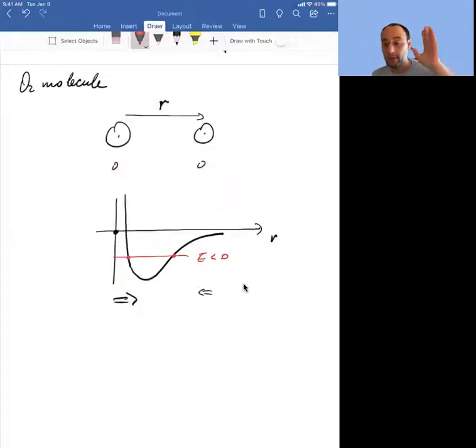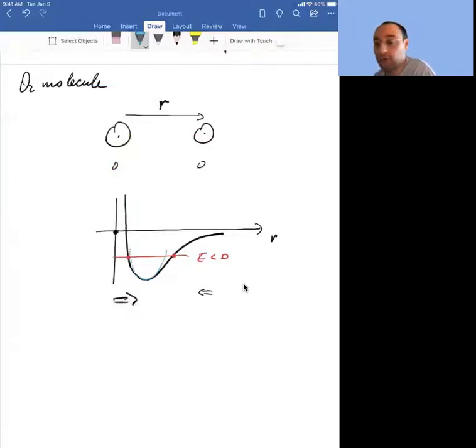I want to make sure that we talk about classical and we talk about quantum. Classically, the second atom would oscillate. While this is not a parabolic potential energy function, close to the equilibrium it's approximately parabolic. Parabolas occur almost universally around equilibrium points.